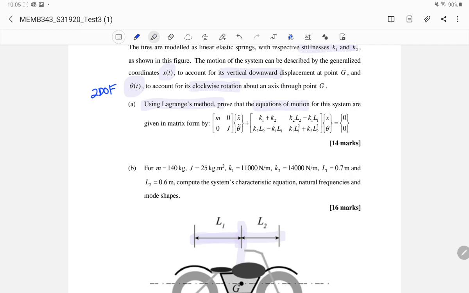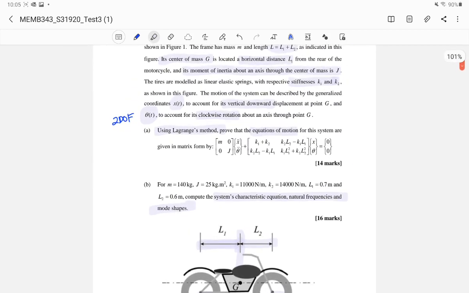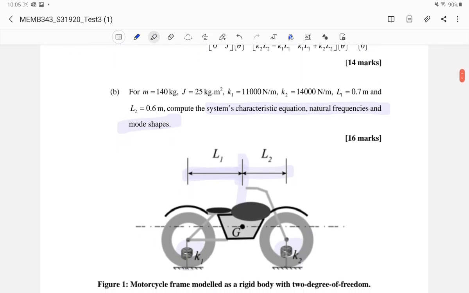Then in the second part, you want to get the characteristic equation, natural frequencies and mode shapes given the parameters. This kind of question is very common, where you are just solving a 2 degree of freedom system and are given certain parameters to solve for the characteristic equation, natural frequencies and mode shapes.